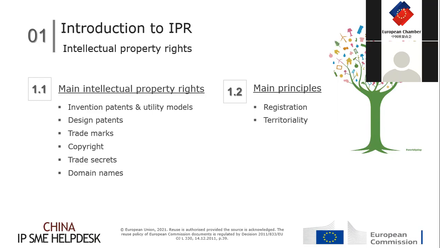Then we have trade secrets. What trade secrets protect is any information that has a value and that you keep away from your competitors. This means that, for example, your list of clients, all the knowledge that you use in a procedure to manufacture, or any business knowledge that you may have over a certain specific market, should be protected as a trade secret.